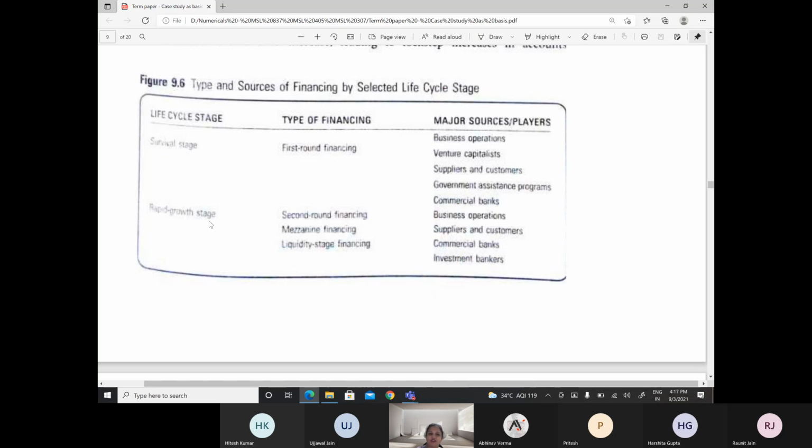And in the rapid growth stage, where you get Series B funding, Series B, C, D, E, all these different tranches, also called second round financing, mezzanine financing, or liquidity stage financing. Again, the major sources of players are business operations, suppliers and customers, commercial banks, and naturally investment bankers now also start circling the company because, yes, Ronit?